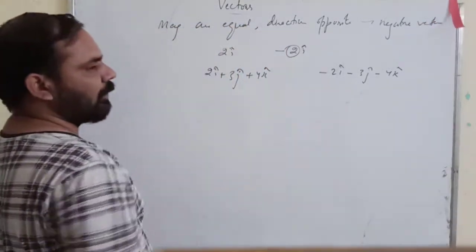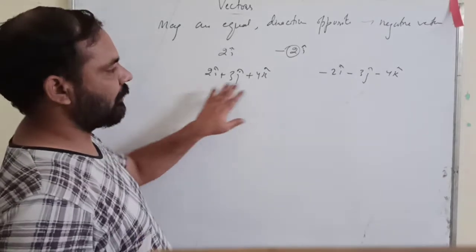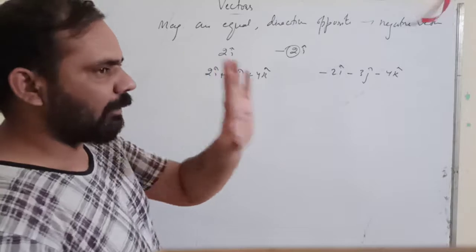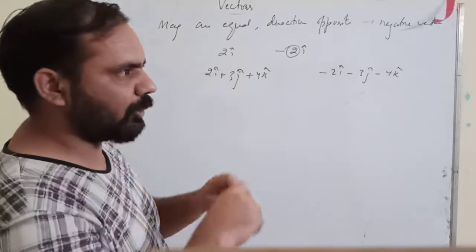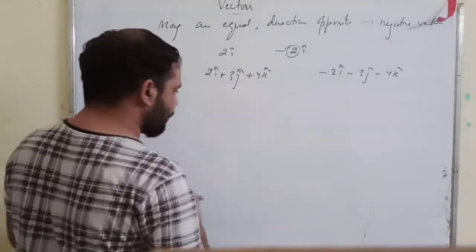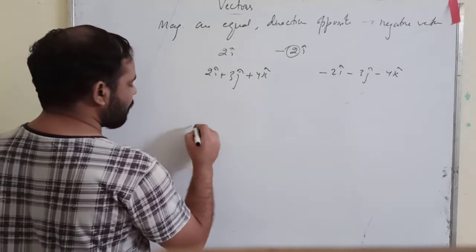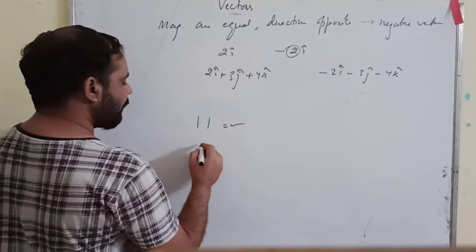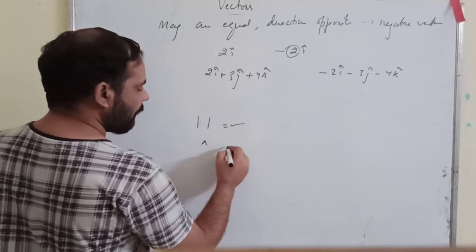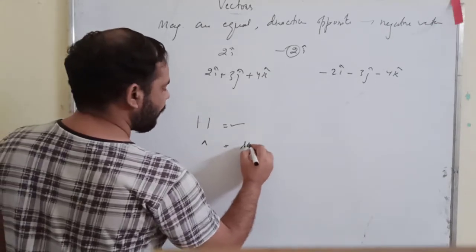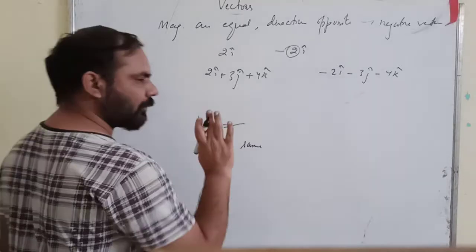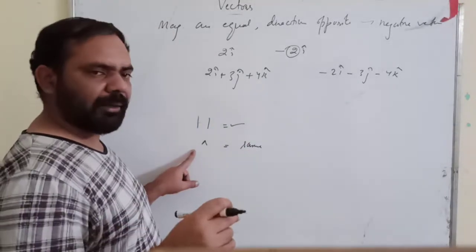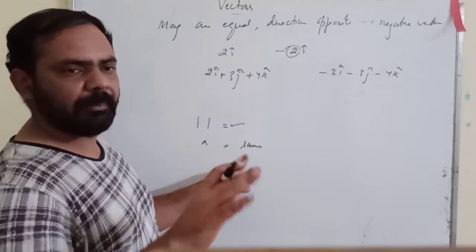Now, I will give you a short notation, just a short kind of knowledge. For equal vectors, what you have to check is the magnitudes must be equal, right? And the cap vector must be the same. You will find out the magnitude, which should be equal, and the unit vector should be the same.